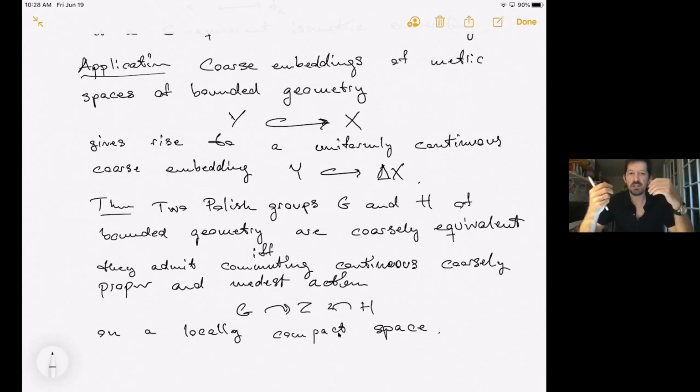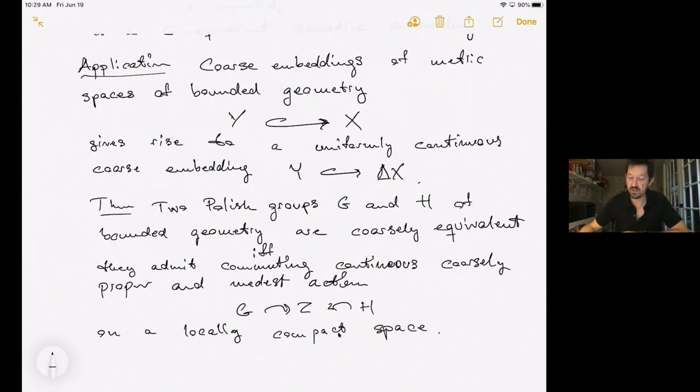The problem is often to start from such a notion and replace it by something uniformly continuous or continuous. The idea is that this space delta of X is a space which is close to X in some sense, in which you can replace these badly behaved maps by something uniformly continuous.